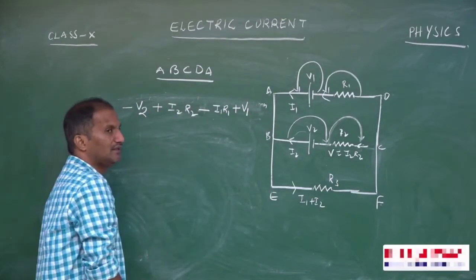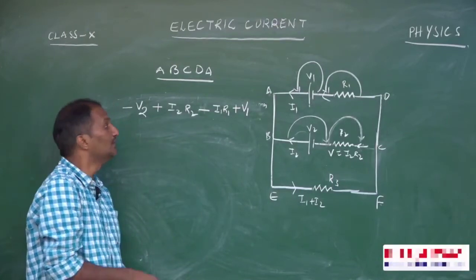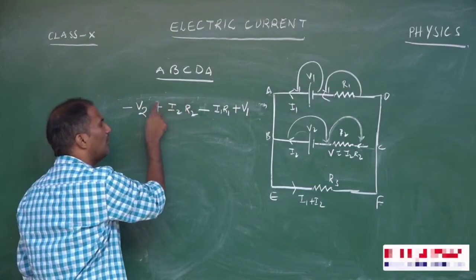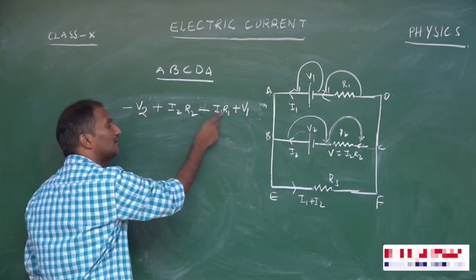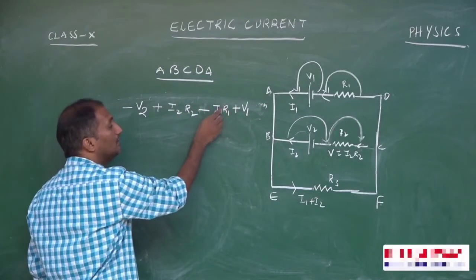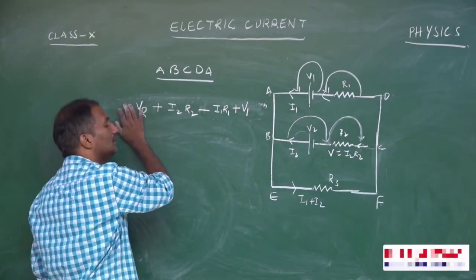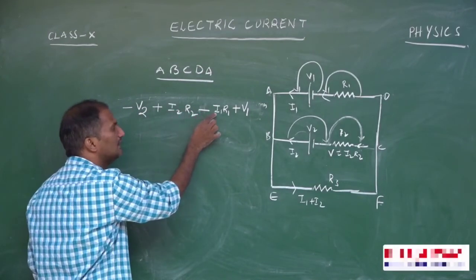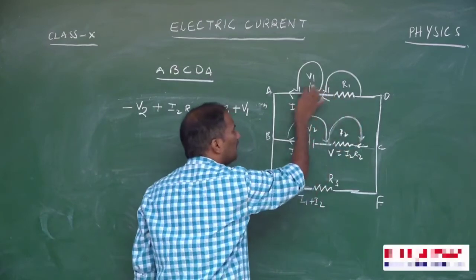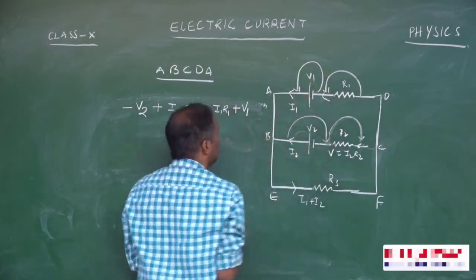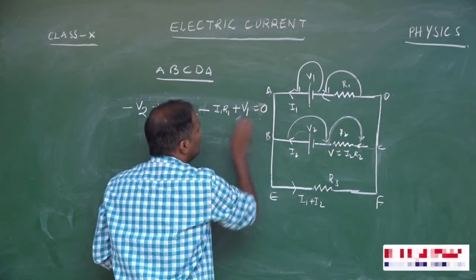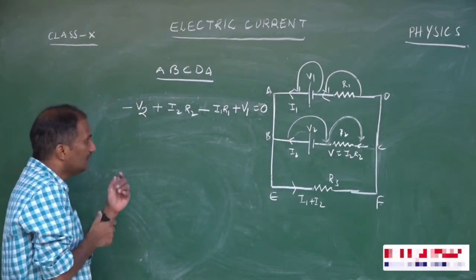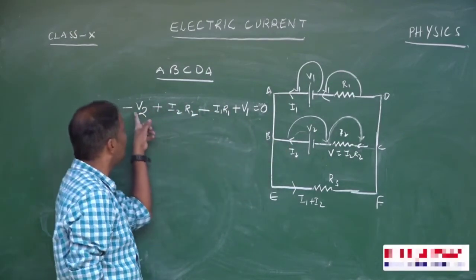Here the statement is the algebraic sum of increase, that is, at one component there is an increase in potential, at another component there is a decrease in potential. So on an average, the algebraic sum of increase or decrease in potential at different components of a closed loop circuit is equal to 0. Once again, at V2 there is a decrease in potential.